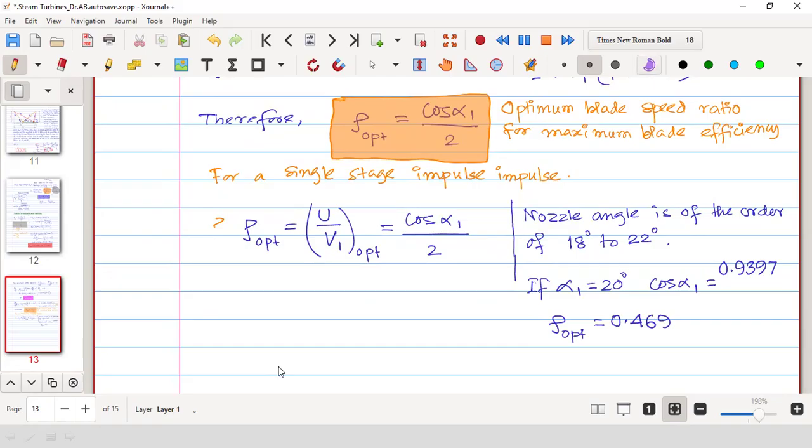Okay. So one thing is that this is the optimum speed ratio.